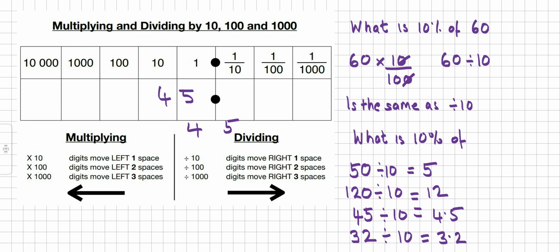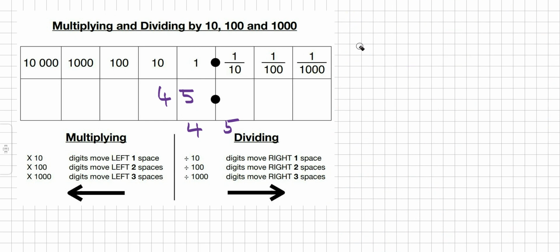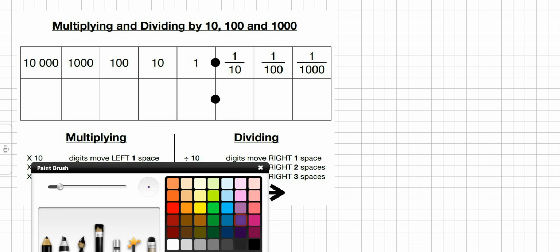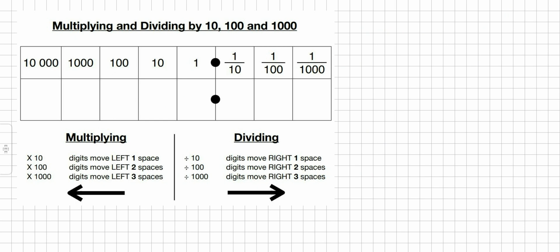So that's good. But of course, we need to be able to do other percentages. It's not always going to be 10%. So let's see how we can use that to help us to find other percentages. So let's get rid of that and that. And this time, let's look at some different percentages. So let's take a nice rounded amount. Let's go for 600.